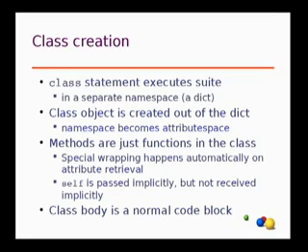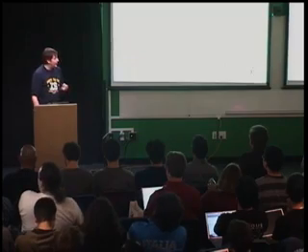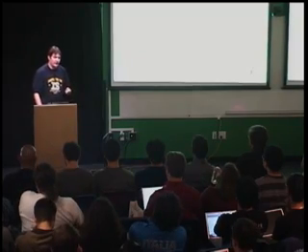Any functions that you define inside the code block then get turned into methods by magic, basically. And as people who've already programmed in Python will know, the self argument, the this for Python, is passed implicitly when you call a method, but your methods still have to receive it explicitly as the first argument.